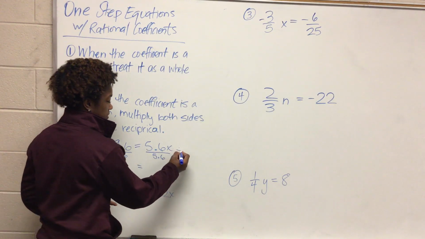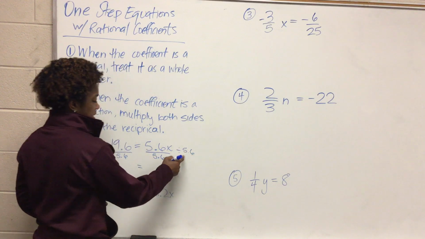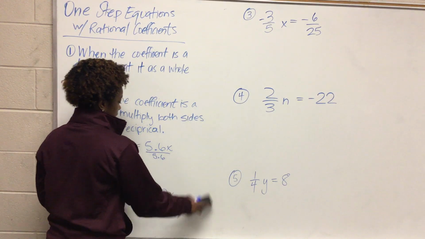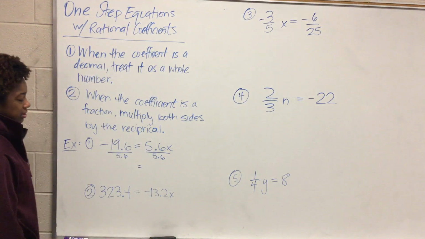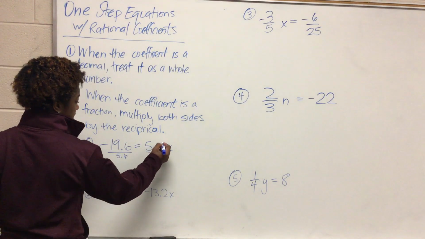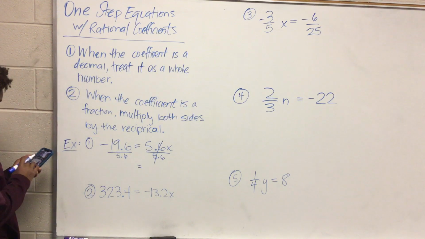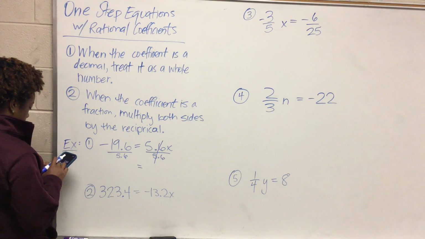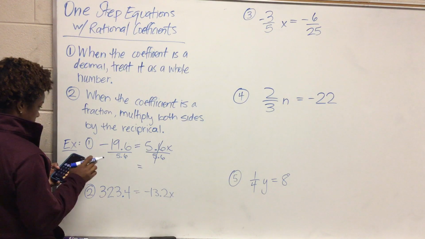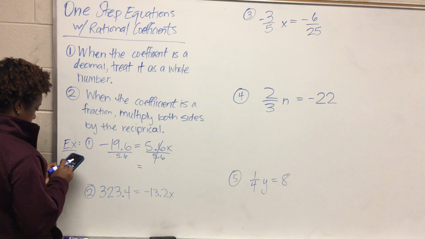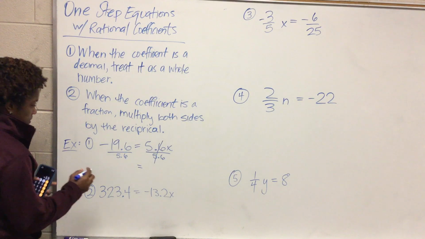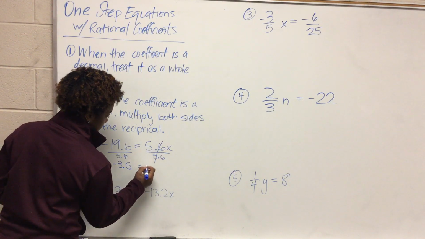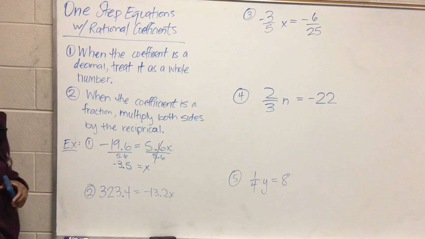I did not do divided by 5.6 on the side. I want to make sure that I do it under the 5.6. Alright, so we know that these two cancel out. And we put in the calculator 19.6, integer key, divided by 5.6. We get negative 3.5. So this x equals negative 3.5.